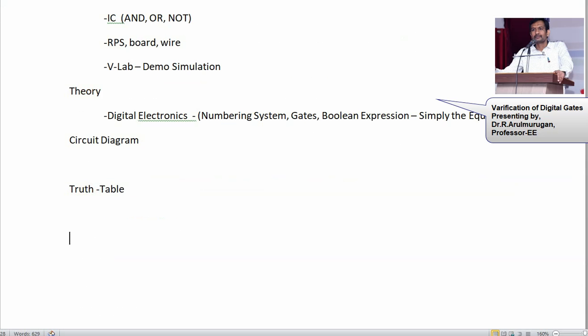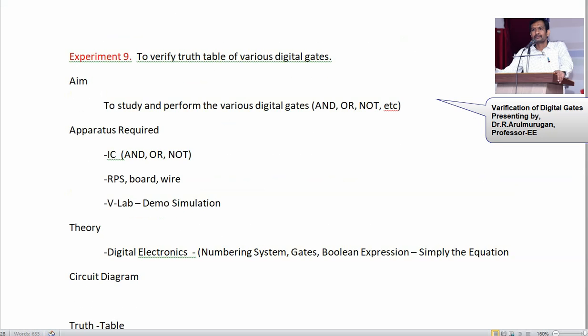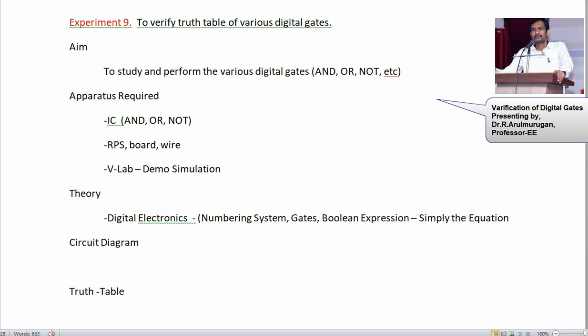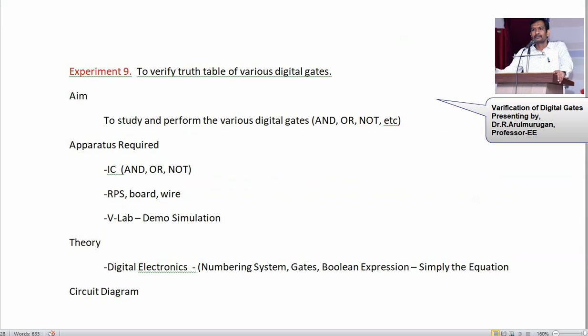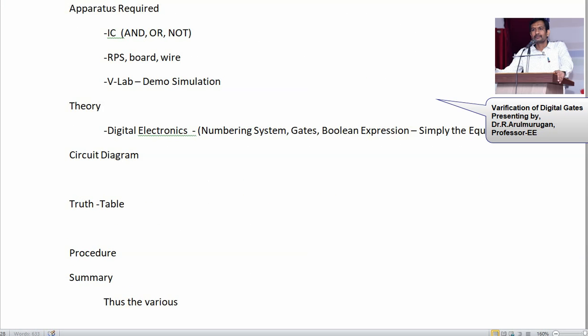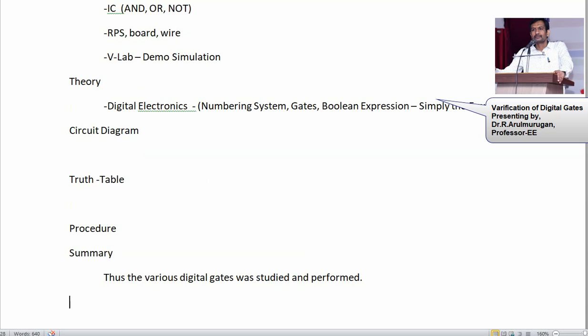After writing the truth table, you will write about the procedure, followed by the summary. In the summary you will write, thus the so-and-so experiment, the various digital gates were studied and performed. You will complete the statement like that.